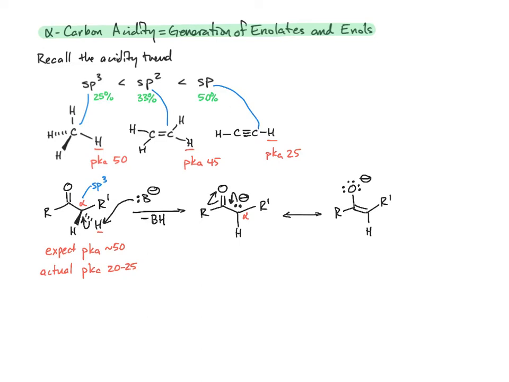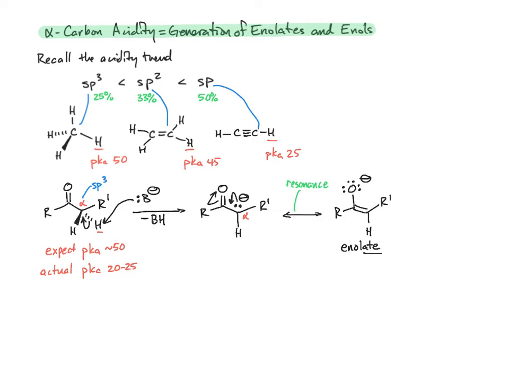As a reminder, this is the resonance arrow. And this resonance hybrid here is called the enolate. And that word is derived from alkene, alcohol, and remember that ATE ending indicates negative charge.